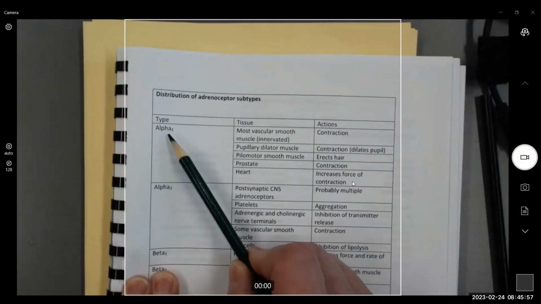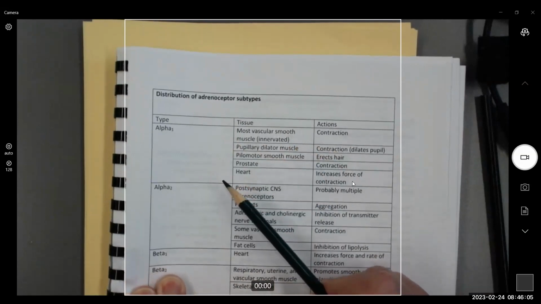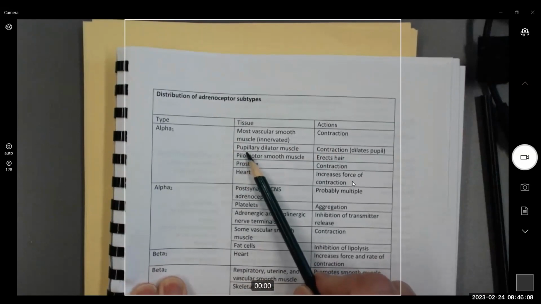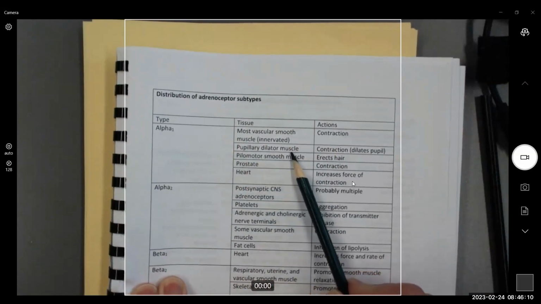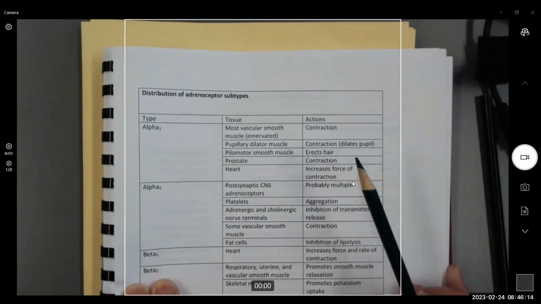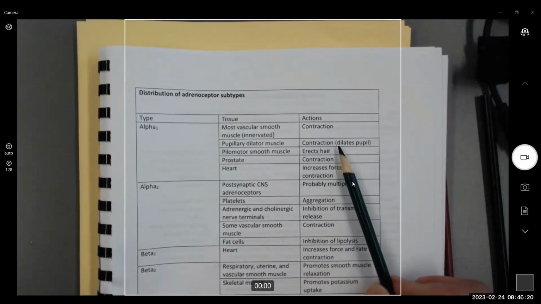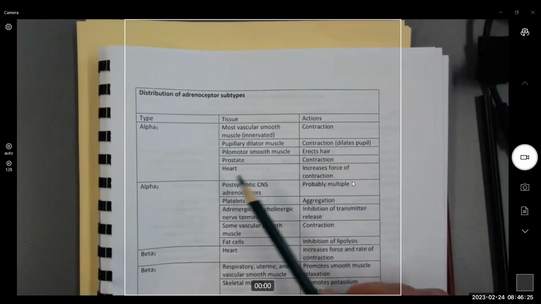So alpha-1 adrenergic receptors, they are found in most of your vascular smooth muscle that's innervated. They're also found in pupillary dilator smooth muscle that controls the eye. So when it comes to pupillary dilation, that's the receptor responsible for dilation of your pupil, the alpha-1.